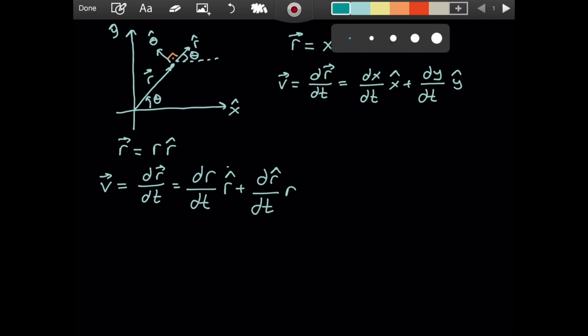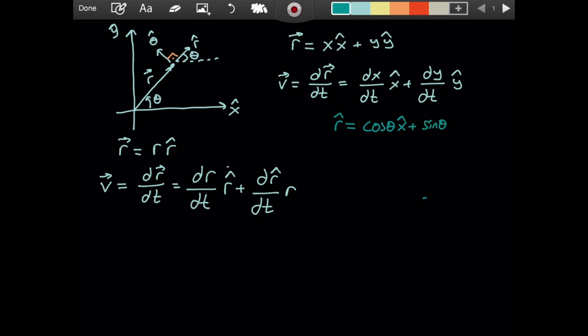So r hat, using the Cartesian coordinates now, is going to have a cosine: cosine of theta x hat plus sine of theta y hat. The reason that we only have cosine and sine is because the magnitude of the unit vector is 1. So you can think of this as 1 times cosine and 1 times sine.